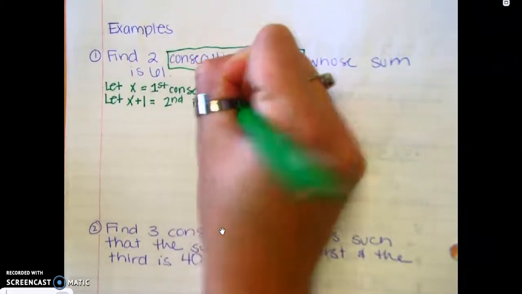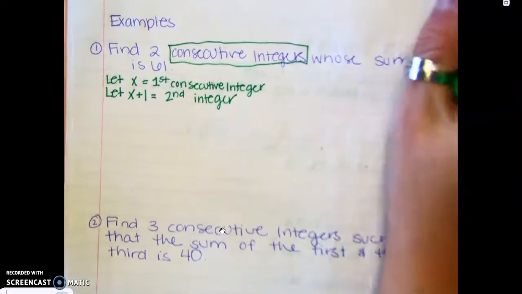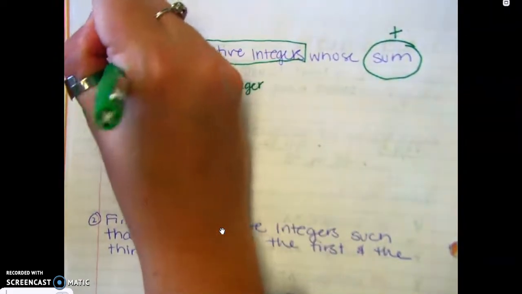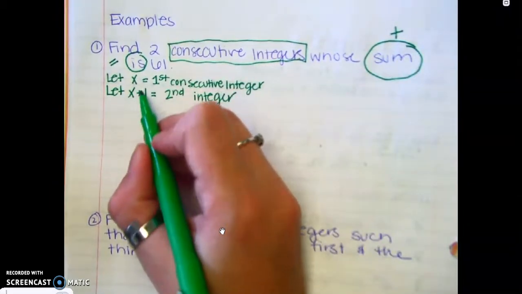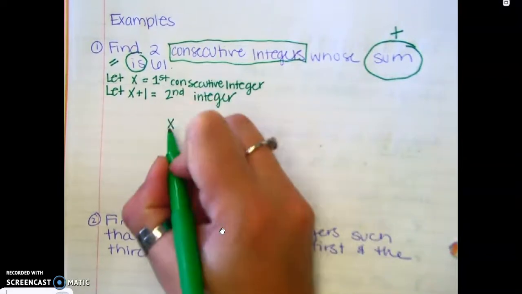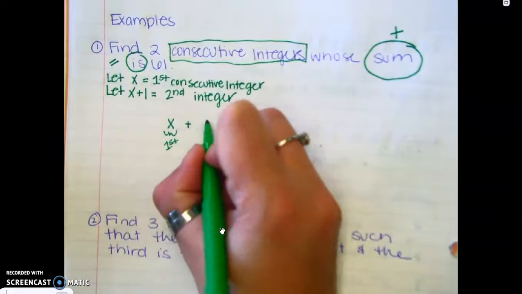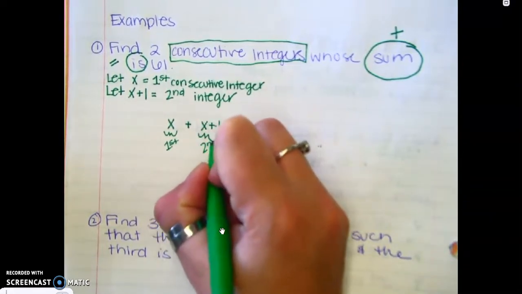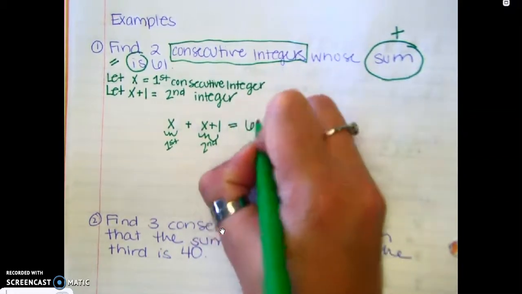Once I have that, now I can start to create an equation. 2 consecutive integers whose sum, that means I can add them together. "Is" is a word for equal sign, and then 61. So I have to add both of these together. x represents the first integer, and then I add x plus 1, the second integer, is equal to 61.